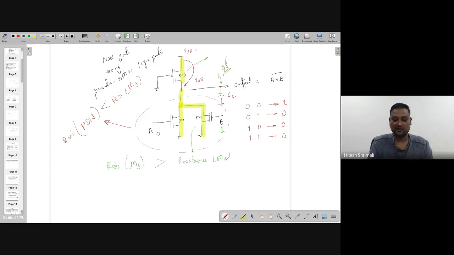Now you must have learned that if I want to reduce the resistance, I need to increase W by L. So W by L of both the NMOS devices has to be higher than the W by L of M3. M3's has to be lower, so that the resistance offered by M3 is higher than the resistance offered by M1 and M2.